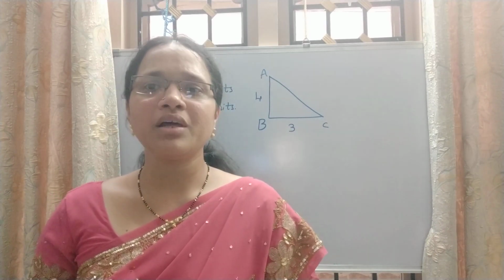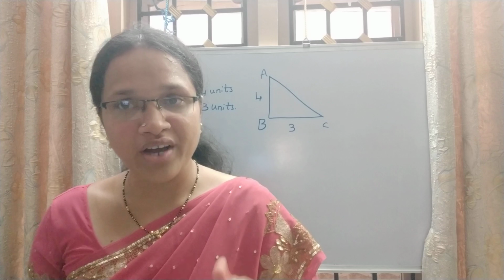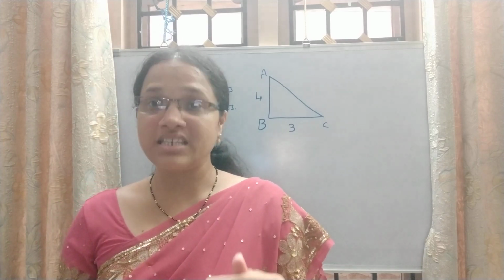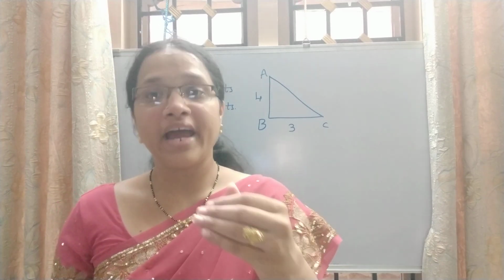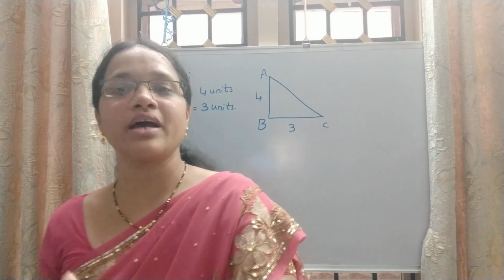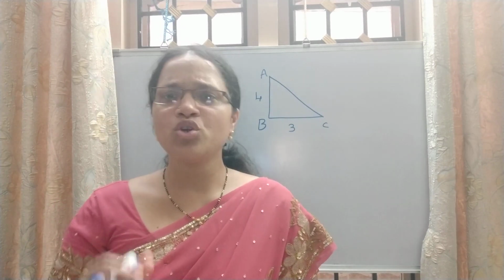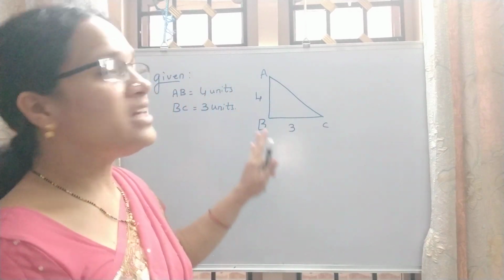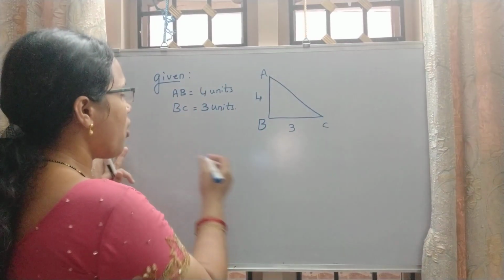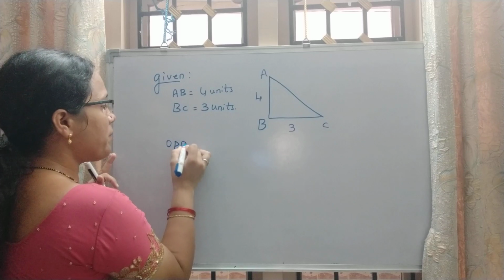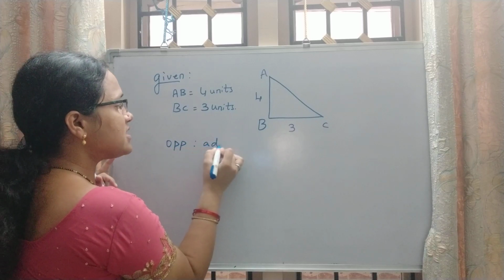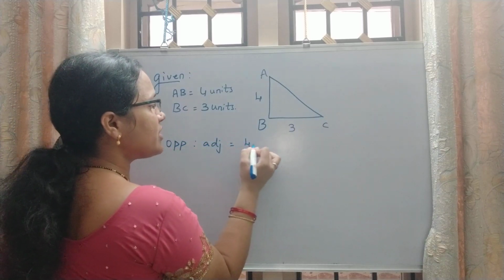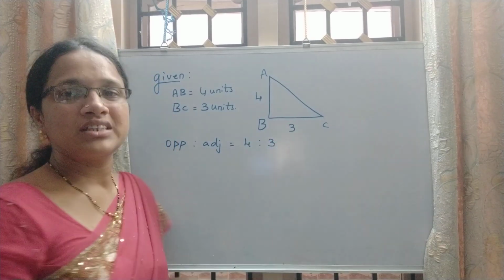In a similar manner, cos is taken as a ratio of the adjacent side of a triangle to its hypotenuse. So you all know what ratios are. That means the opposite side to the adjacent side is taken as a ratio of 4:3.